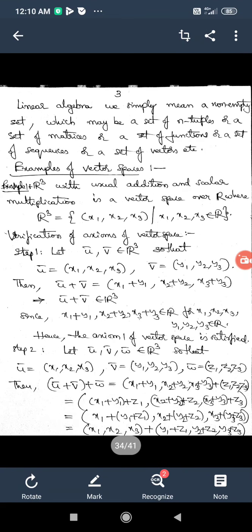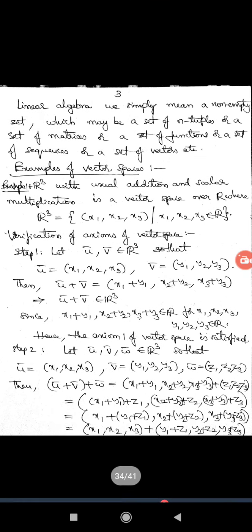That is how I have taken u bar as x1 comma x2 comma x3, v bar as y1 comma y2 comma y3, and w bar as z1 comma z2 comma z3. Now I want to verify the second axiom of the definition of vector space, which is the associative axiom with respect to addition.